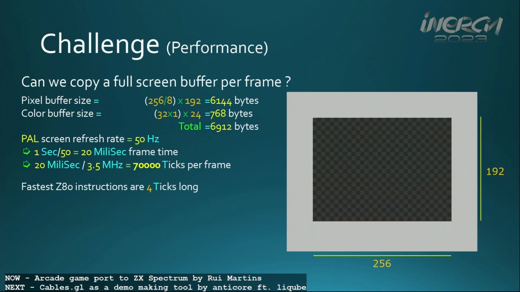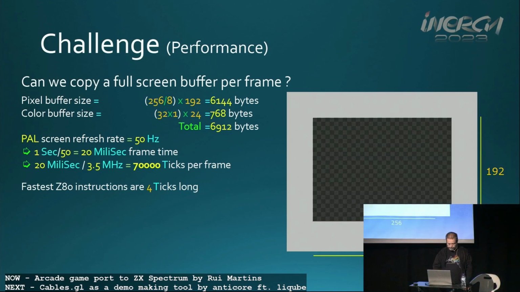We also know that the fastest Z80 instruction, which is like move data from one register to another, is only 4 clocks or 4 ticks. But that's the fastest one. There are instructions as slow as 13 clocks. The most specialized instruction for copy is LDI that takes 16 clock cycles to copy a single byte.